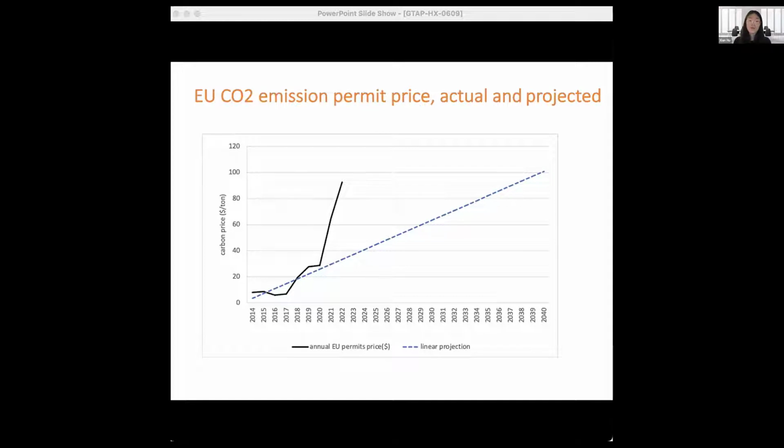We then assume a smooth projection for the permit price, which can avoid these sharp changes, for our long-run analysis. Our projection starts from a price of about $3 in 2014 per ton of CO2, rising linearly and reaching about $100 in 2040.